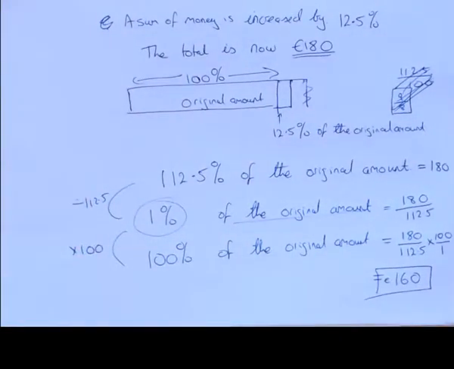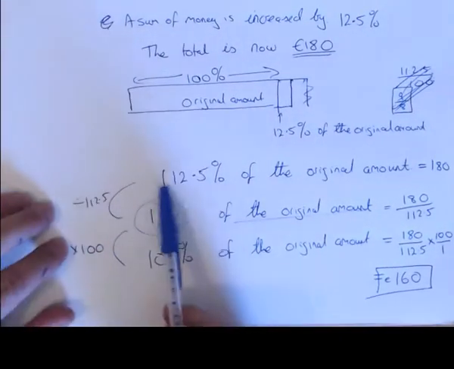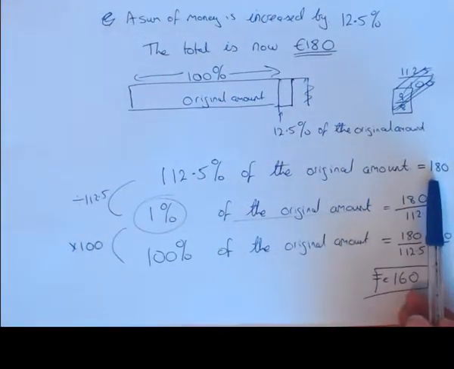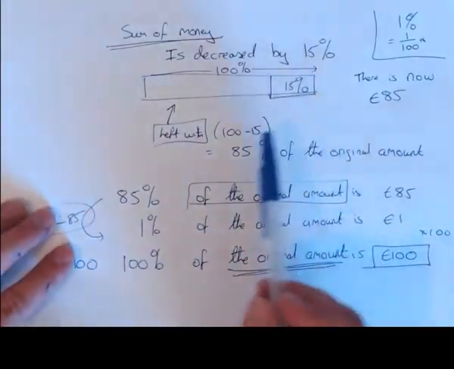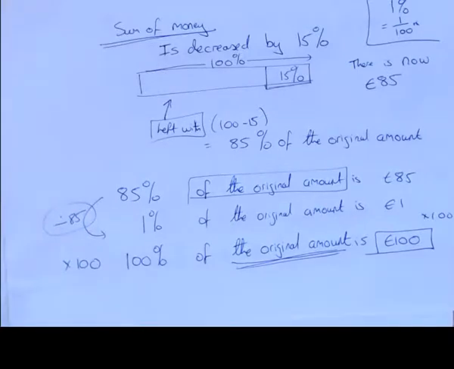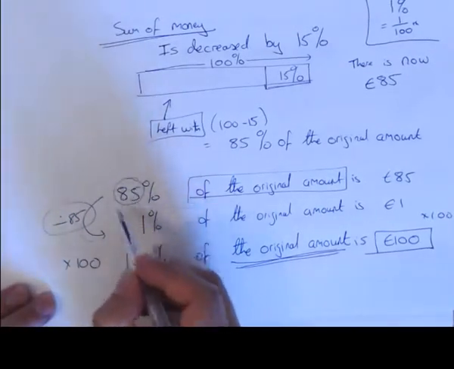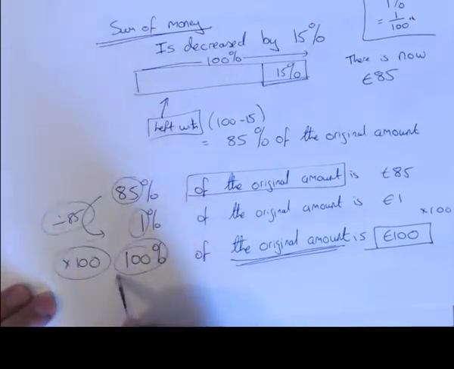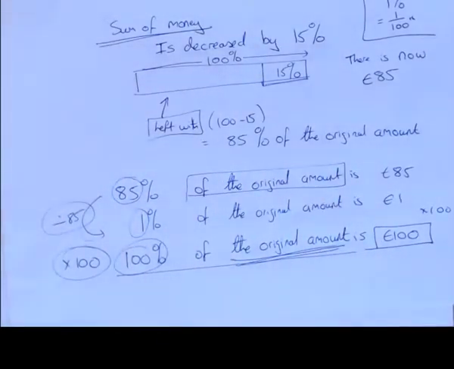So for a sum of money increased by 12.5%, you now have 112.5% of the original amount, which is 180. If you decrease, you're going from 100% down to 85% of the original amount. But you do the same thing. You divide by this value to find 1%. You multiply by 100 to get the full original amount. So that's how you do questions involving increasing or decreasing by a percentage.